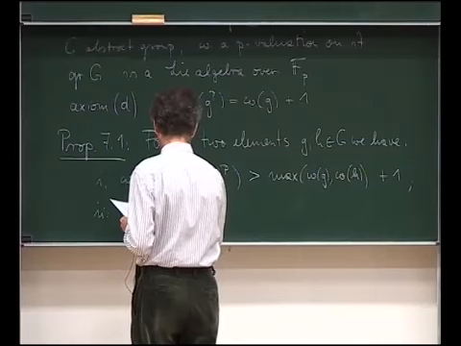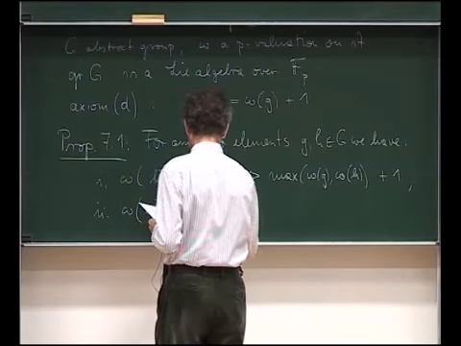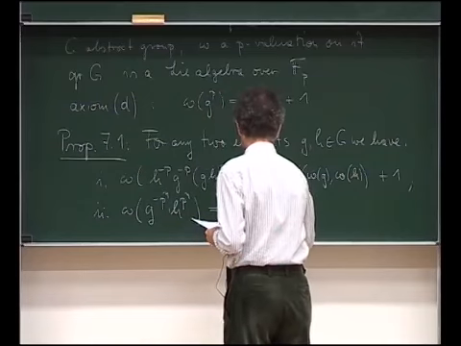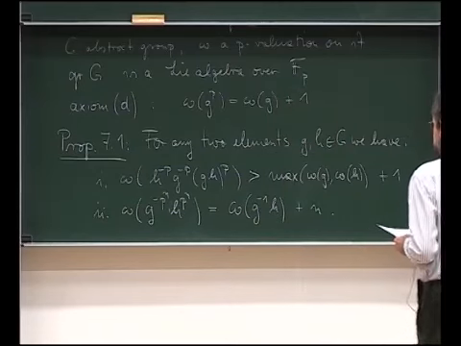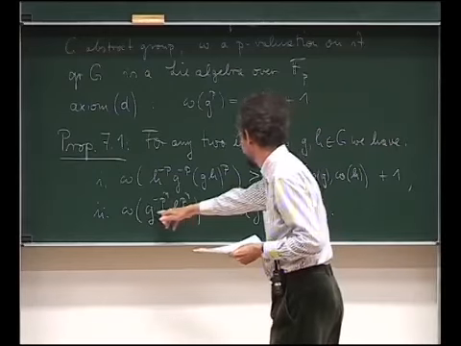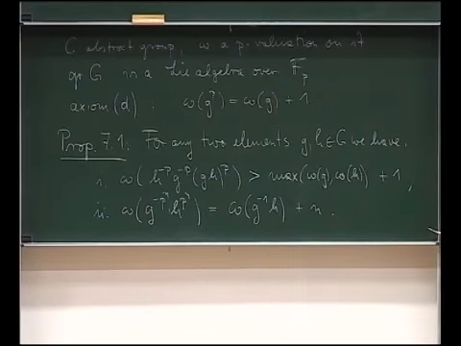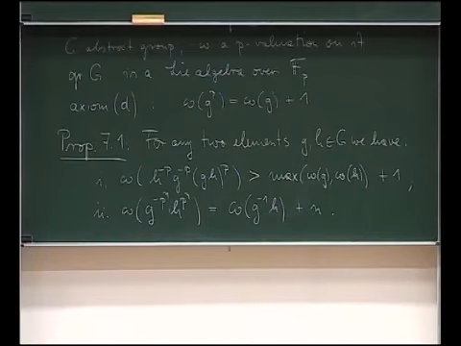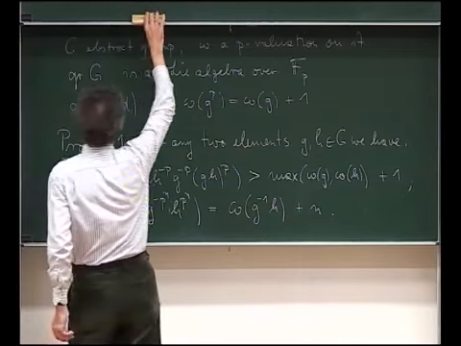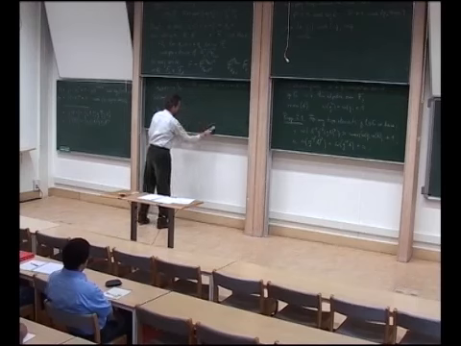This is the important thing, but an easy consequence of it, which we'll need later on, is the following. Omega of (g^{-p^n} h^{p^n}) is omega(g^{-1}h) plus n. Right? Although of course it's not commutative, with respect to omega this behaves as if I would be able to pull out the exponent of the product. Okay.